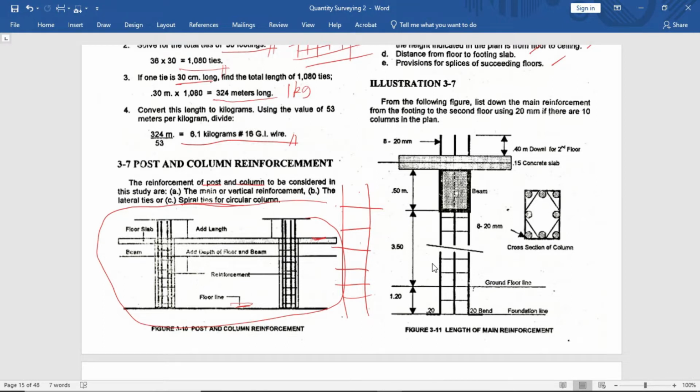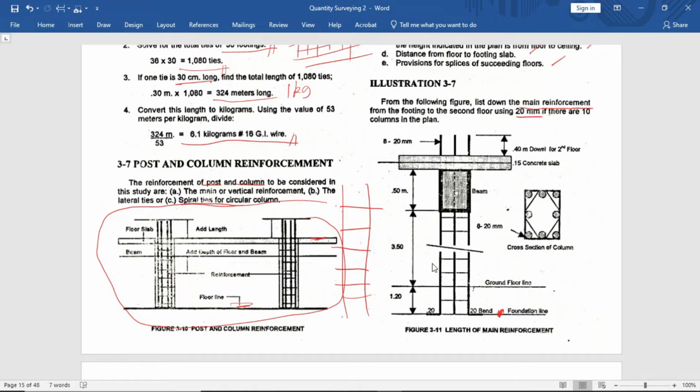From the following figure, list down the main reinforcement from the foundation to the second floor using 20 mm, there are 10 columns in the plan. So, ang gagamitin natin main reinforcement para sa vertical sa column natin is 20 mm.